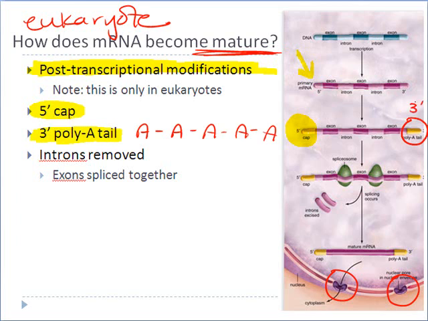Last step I need to do before I can get this messenger RNA mature so that it can leave the nucleus. It turns out in eukaryotes, again this is in eukaryotes only, the recipe from DNA is not all in one sequence.